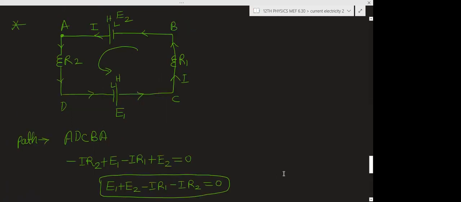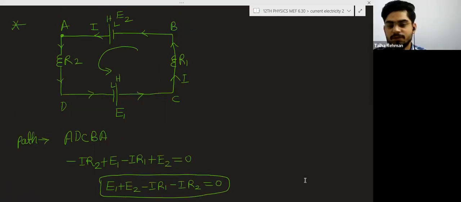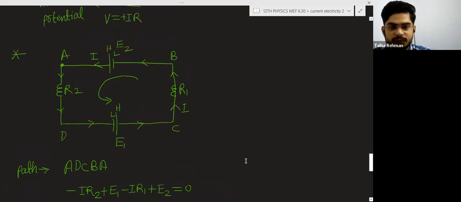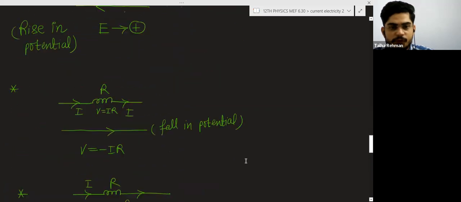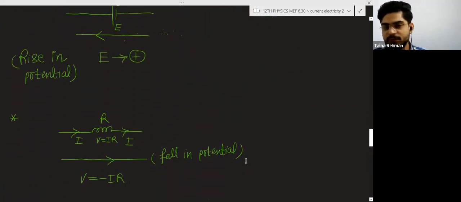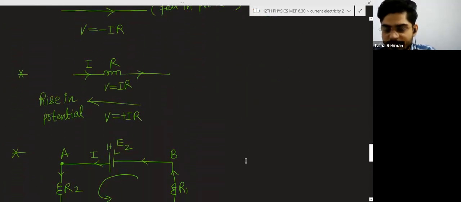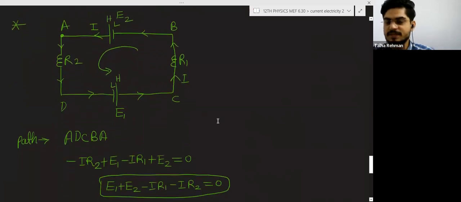You have to take the directions accordingly. Okay, you can choose any path according to you, and you will get the same answer. But you have to remember, when you have a resistance, you have to check whether you are moving in the opposite direction of current or in the same direction of current.